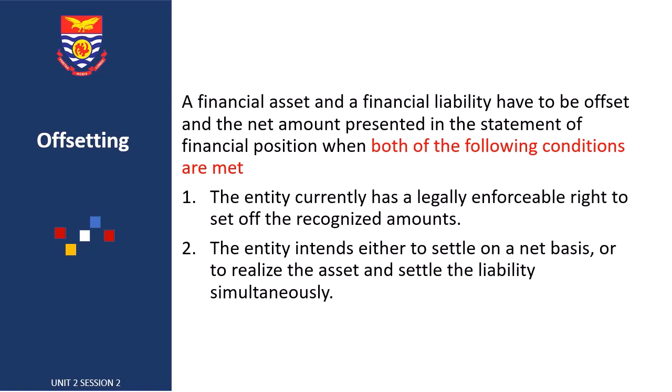So it's two. Either you go with a net basis or you recognize the transaction separately. So these two conditions must be met before an entity can offset its assets against the liabilities and present it in the statement of financial position.